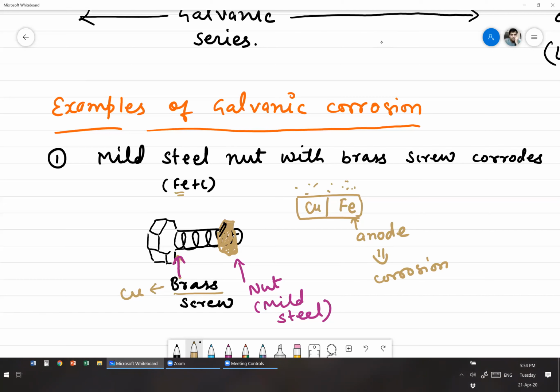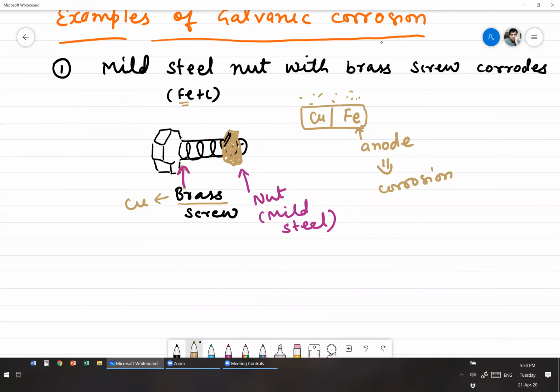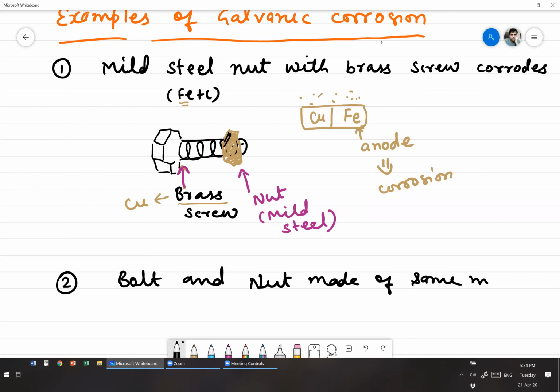So we should avoid the nut and bolt made of different metals. We should always prefer the nut and bolts made of the same metal. So here what we can say, second, bolt and nut made of same metal are preferred.